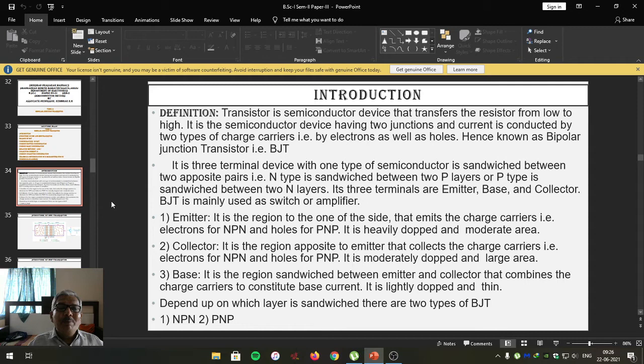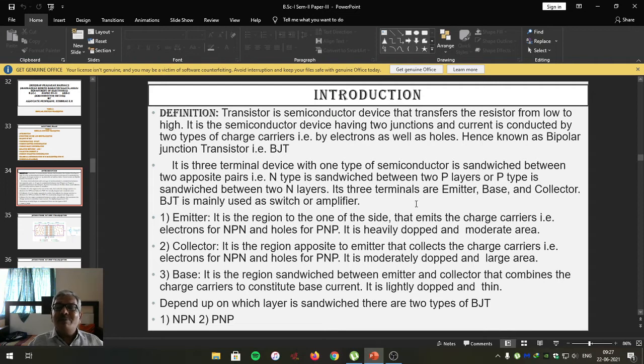Friends, BJT is mainly used as a switch, or it acts as an amplifier. So these are the two applications of the BJT. Don't forget, applications are quoted here only. There will be a question for 2 marks: list the applications of BJT. The answer is here only.